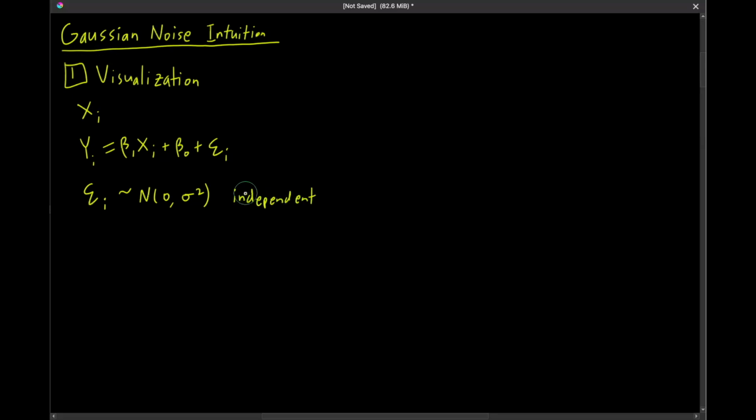And actually, in fact, the set of all the xi and the epsilon i for all i are all mutually independent.